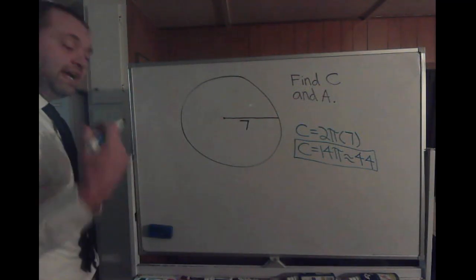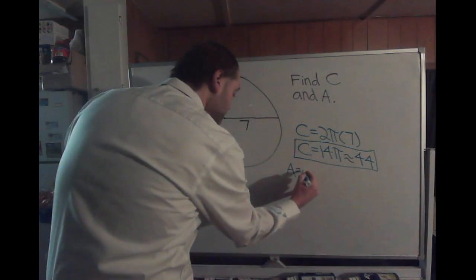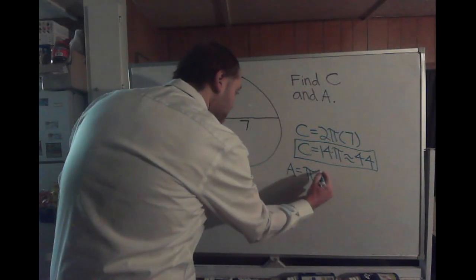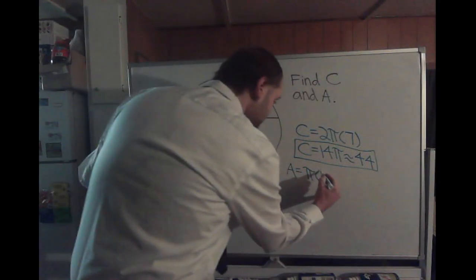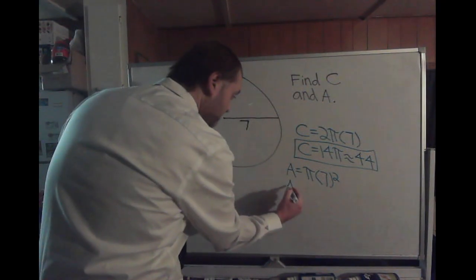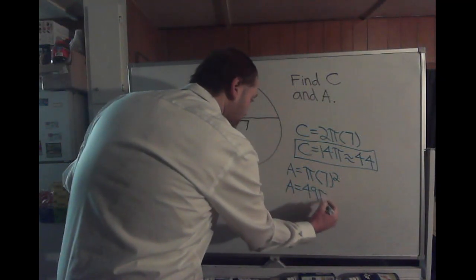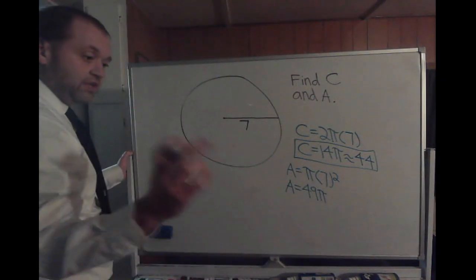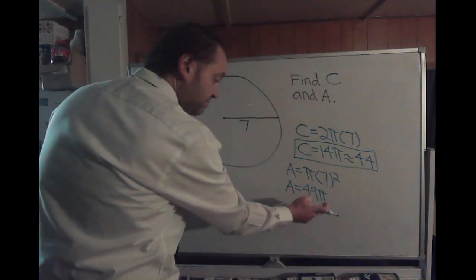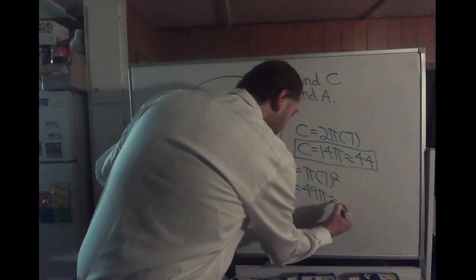Alright, now to find the area, you're just going to take, of course, pi, and multiply it by that radius of 7 to the 2nd power, which would then have to mean that the area is exactly 49 pi square units. If you were leaving your answer exact and leaving it in terms of pi, the answer would be exactly 49 pi.